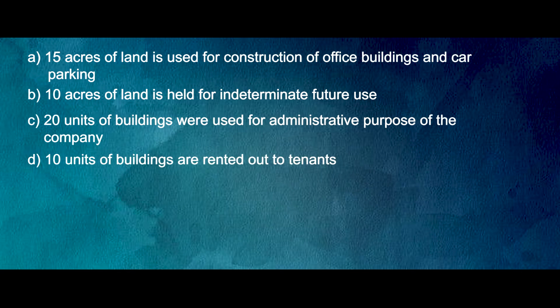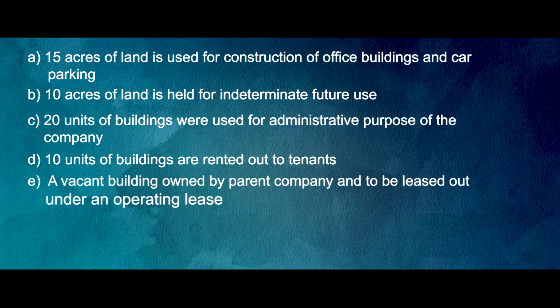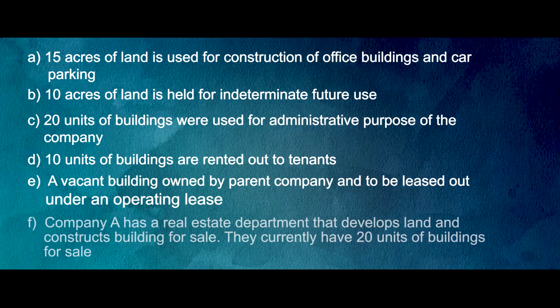Next is a vacant building owned by the parent company, to be leased out under an operating lease. And the last one: Company A has a real estate department that develops land and constructs buildings for sale. They currently have 20 units of buildings for sale. Now the main question is, you are required to discuss how Company A will account for these properties after adoption of the new accounting standards.